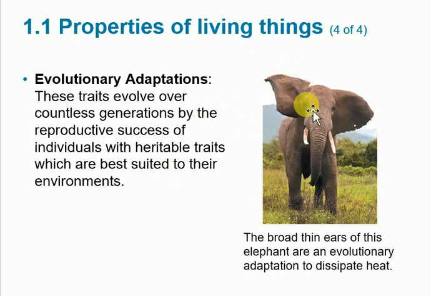So why is that a good trait to be passed from generation to generation? Because it's hot. When they have a big surface and thin ears, that will enable them to lose heat easily, so that they can control their body temperature and lower it. Because if the body temperature is not kept within the normal range, you will not survive.